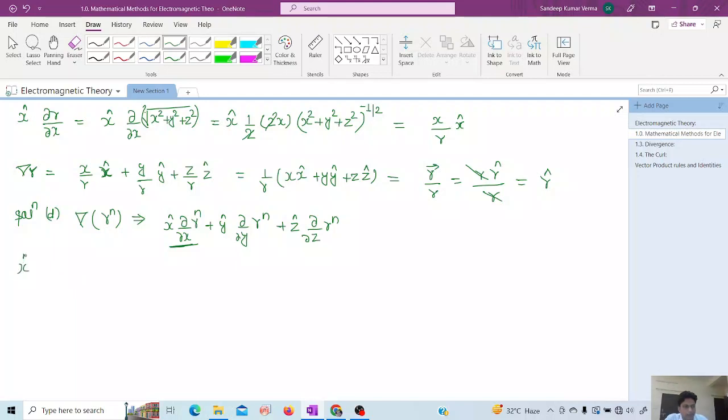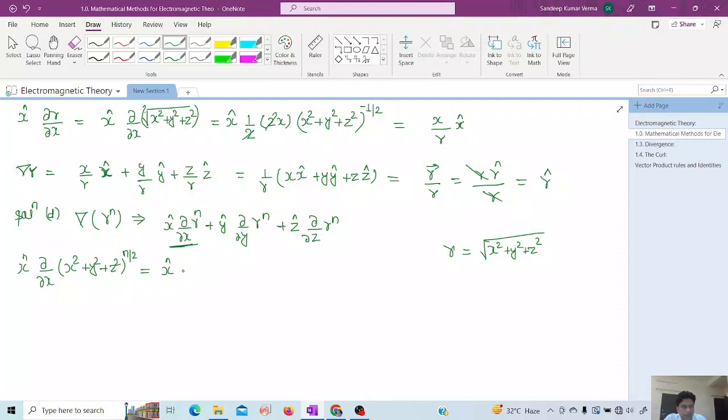So x cap del by del x, here r can be written as (x square plus y square plus z square) power n by 2, because we know that r equals under root x square plus y square plus z square. So let's differentiate this.